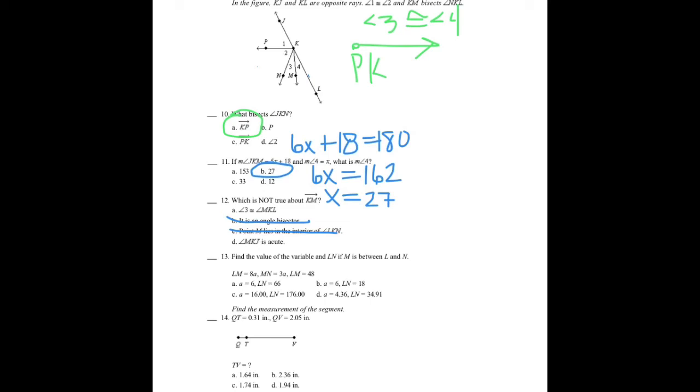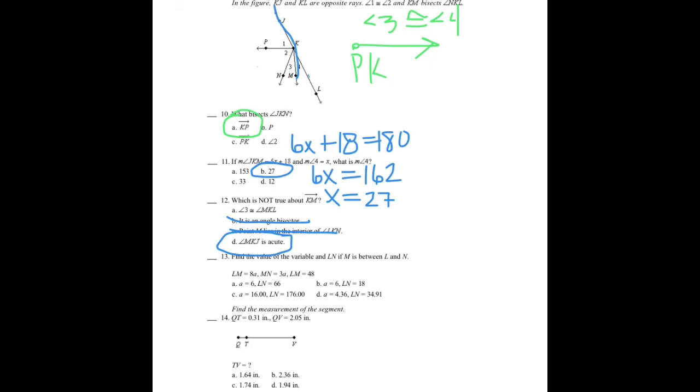Angle MKJ is acute. Well, that's not true. Angle MKJ is obtuse. It also says that angle MKL is congruent to angle 3, and that's true because angle MKL is angle 4. So your answer choice is D.